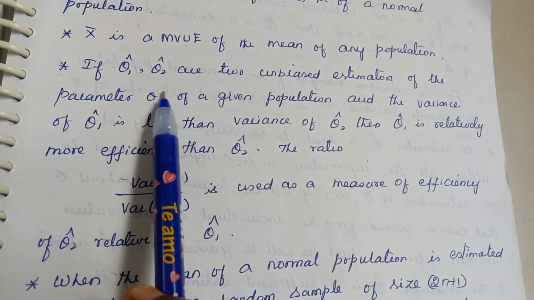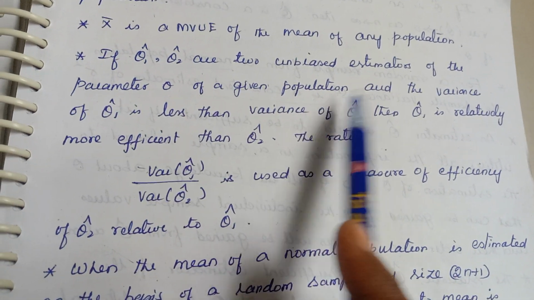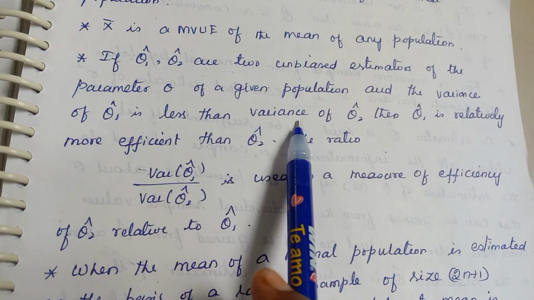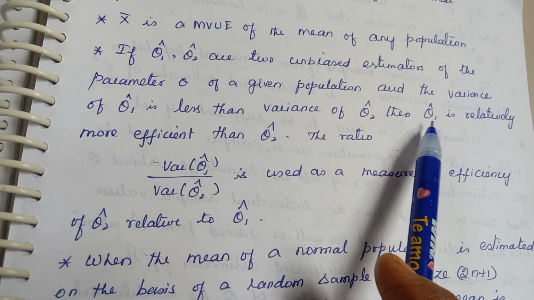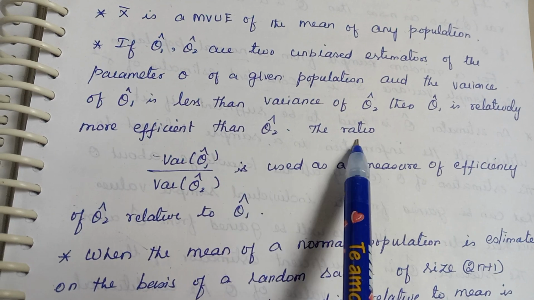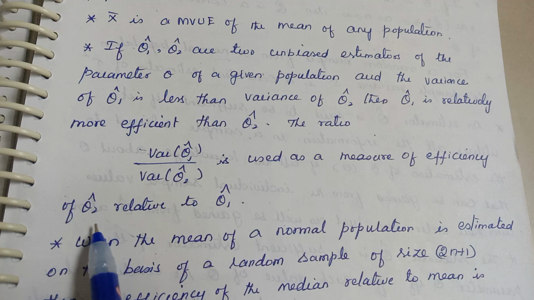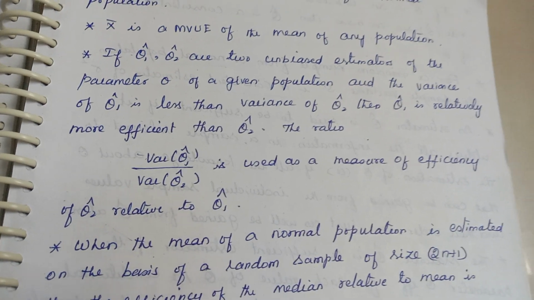Next, if theta 1 cap and theta 2 cap are two unbiased estimators of parameter theta of a given population, and variance of theta 1 cap is less than variance of theta 2 cap, then theta 1 cap is relatively more efficient than theta 2 cap, and the ratio of variance of theta 1 cap by variance of theta 2 cap is used as a measure of efficiency of theta 2 cap relative to theta 1 cap.